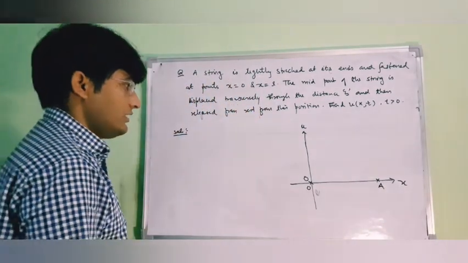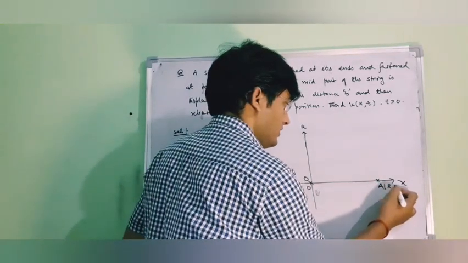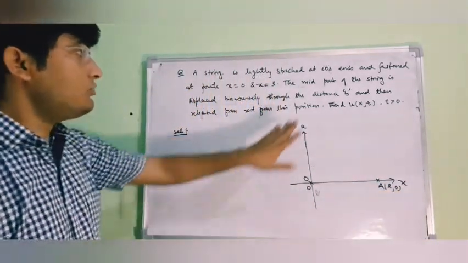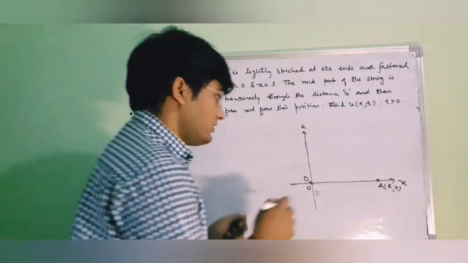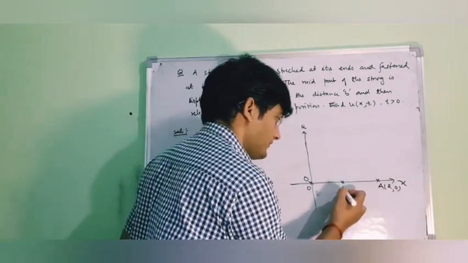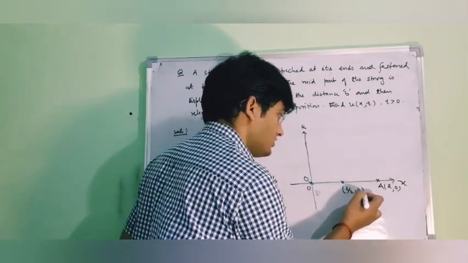Now it is given that the midpoint of the string, say this point, will be L by 2 comma 0.